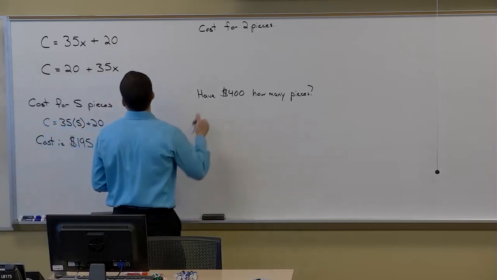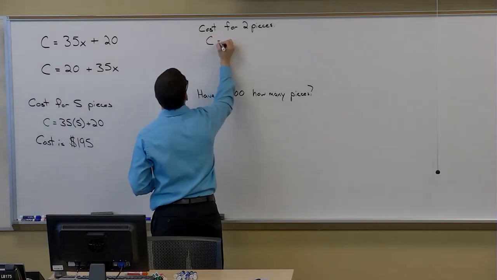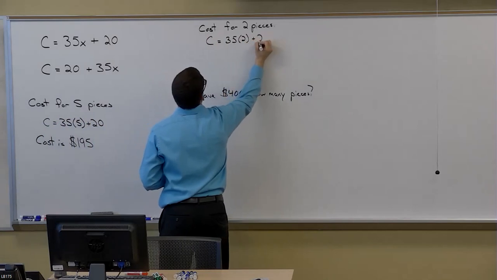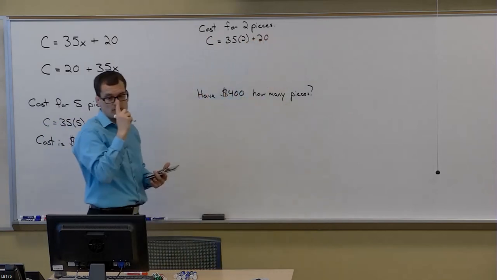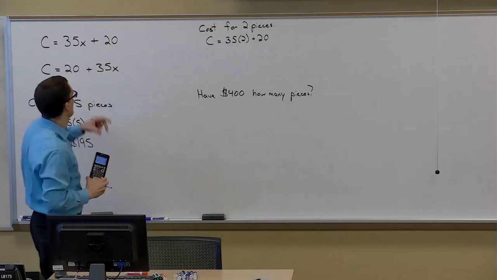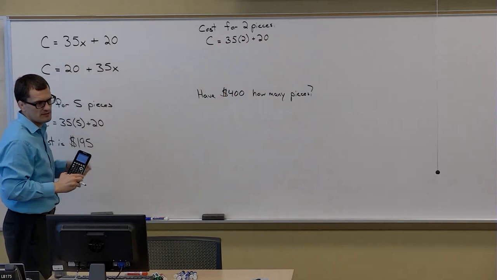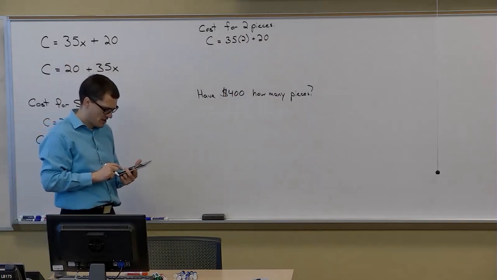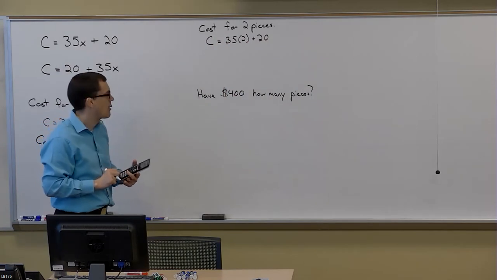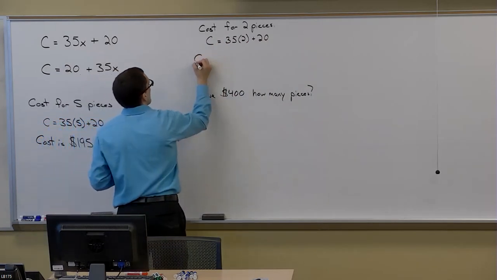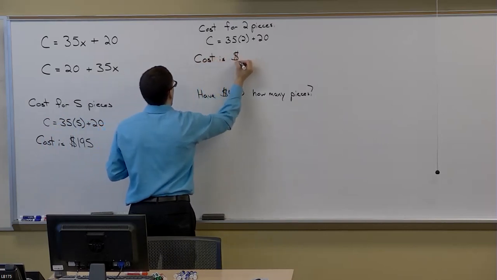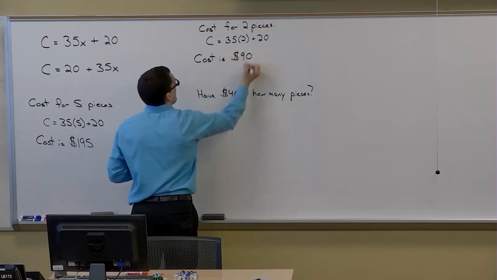The cost to pick up 2 pieces of furniture, plug in 2 for the number of pieces of furniture variable, which the problem said to use X for. So the cost for 2 pieces of furniture is $90.